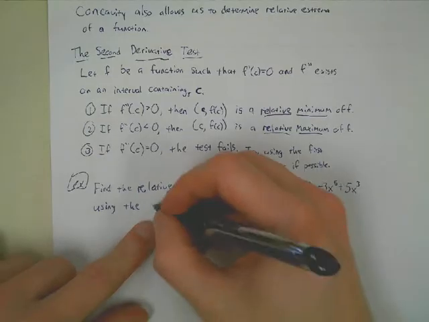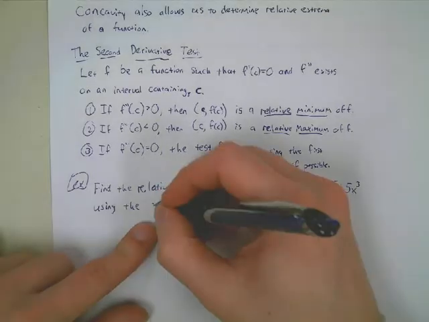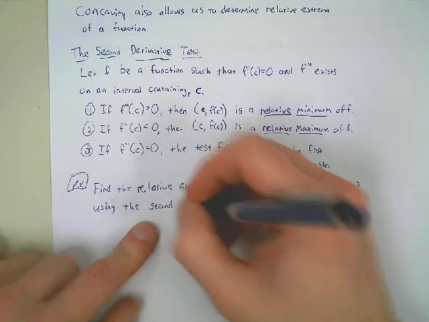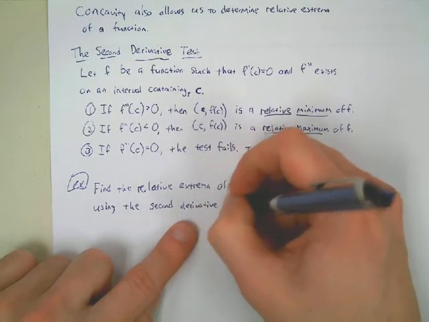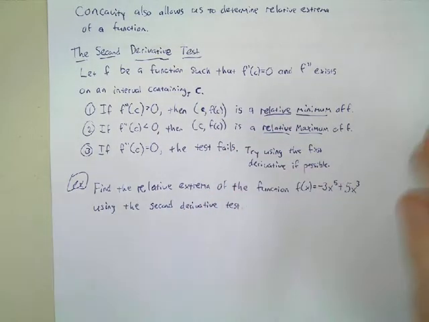When NASA scientists are trying to calculate something about how Saturn circles the sun, they use the first derivative test, not the second derivative test. There are applications for this, and there are ways I can force you to use the second derivative test. Like, say on a test, use the second derivative test.